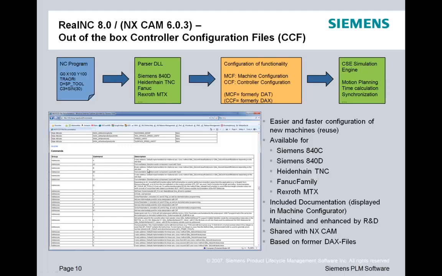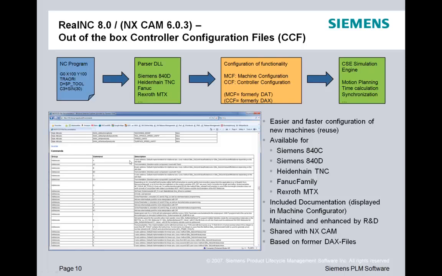Like I said, a big point is the out-of-the-box controller configuration files. We have a lot of CCF files for common controllers: 840D, Heidenhain ClearText, the TNC, and the FANUC family. We don't deliver that with NX, but we also have CCF files available for the Siemens 840C, the older one, and the Rexroth MTX controller from the Bosch group.